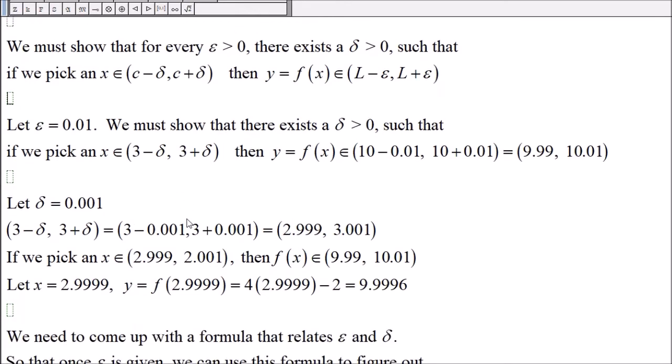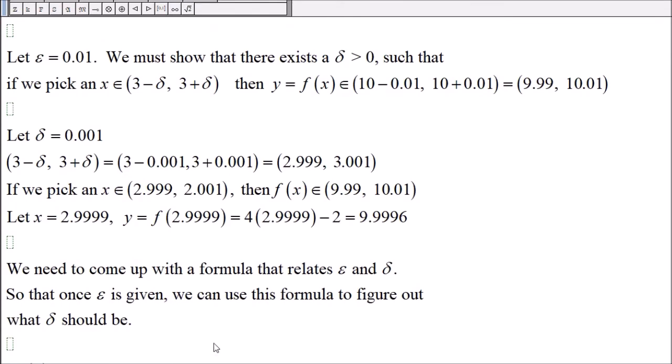Therefore, to do that, we will try to come up with a formula that relates epsilon and delta, so that once epsilon is given or specified, we can use that formula to formulate delta. Because to use the epsilon delta definition of limit, we must show that it's true for any epsilon.